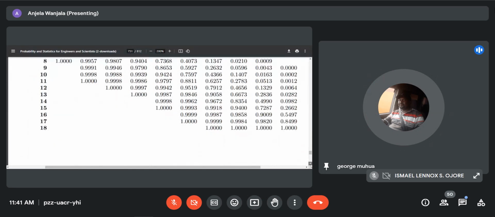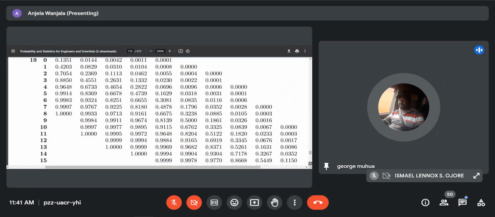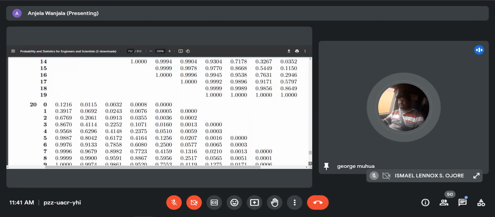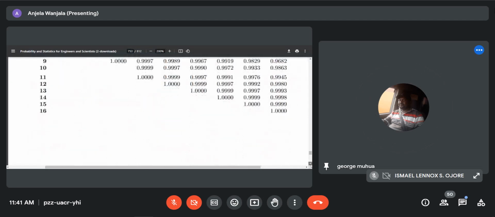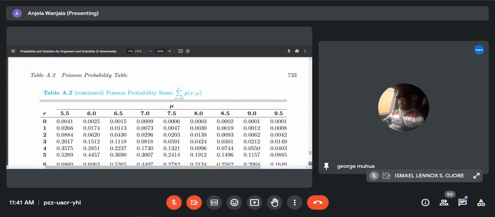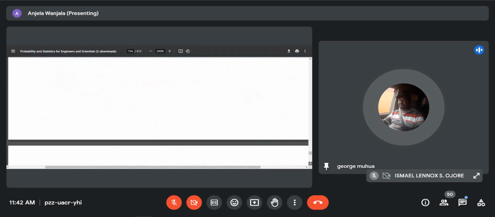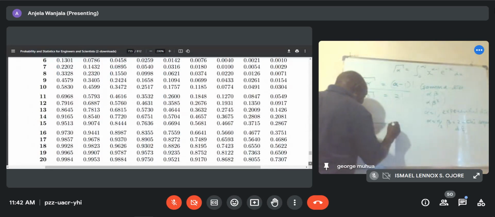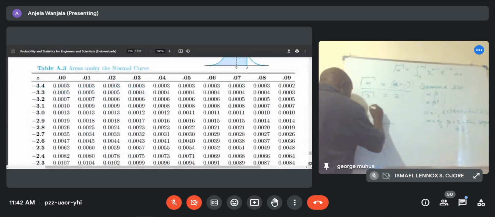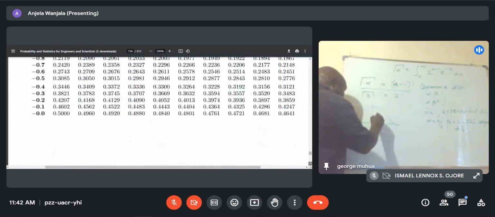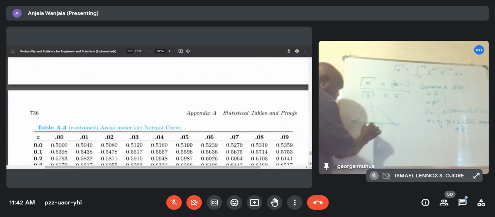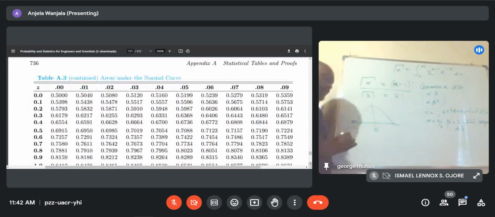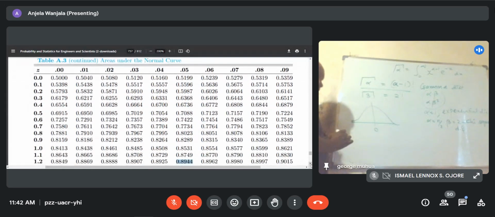One thing that I also want to add, as she is looking for the table: when you have the Z curve, the Z curve is symmetrical. The mean is 0. That is why we have 0 in the middle.